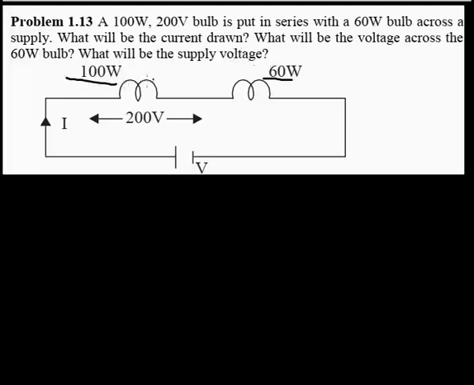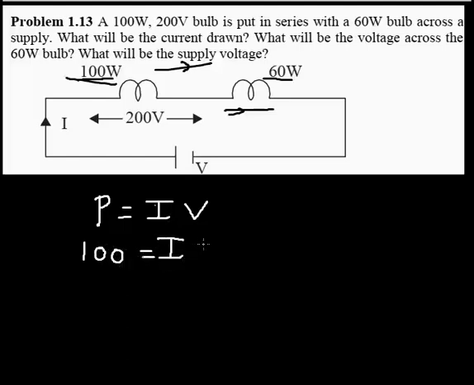Since these two are in series, the 100 watt and 60 watt, they will have the same current. So the same current that is passing through the 100 watt is going to be the same current that's going to pass through the 60 watt. So how will I get the current passing through the 100 watt? Of course, you know that power is given as IV. So for the 100 watt, the power is 100 watt, equal to the current I'm looking for times the voltage across the 100 watt, which is 200 volt.